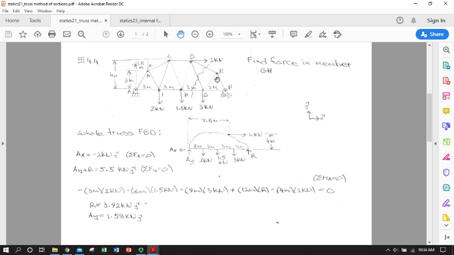Did we miss one with 16? Let's do another count. We'll start at the bottom here. 1, 2, 3, 4, 5, 6, 7, 8, 9, 10, 11, 12, 13, 14, 15.